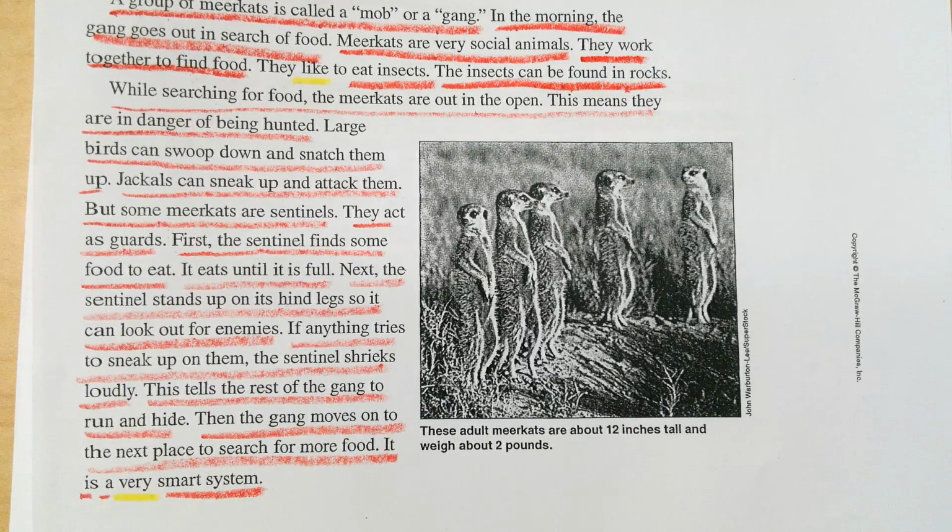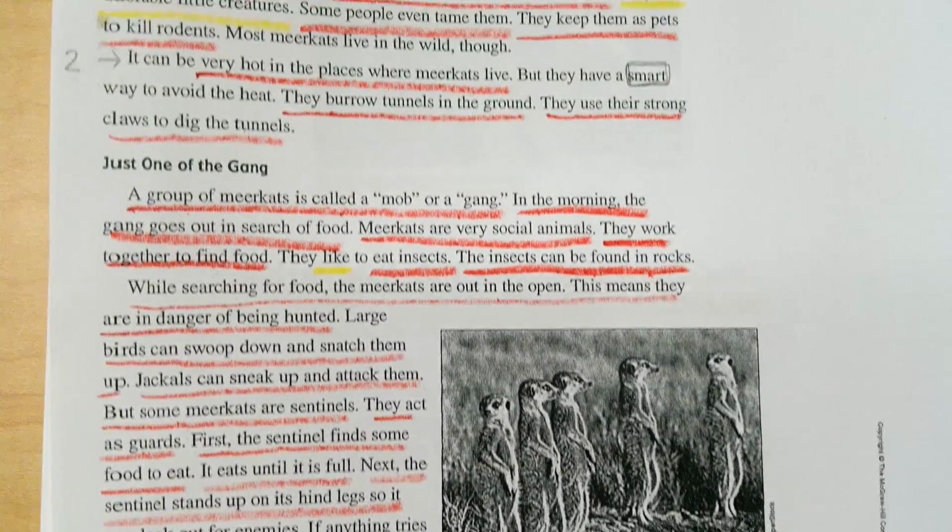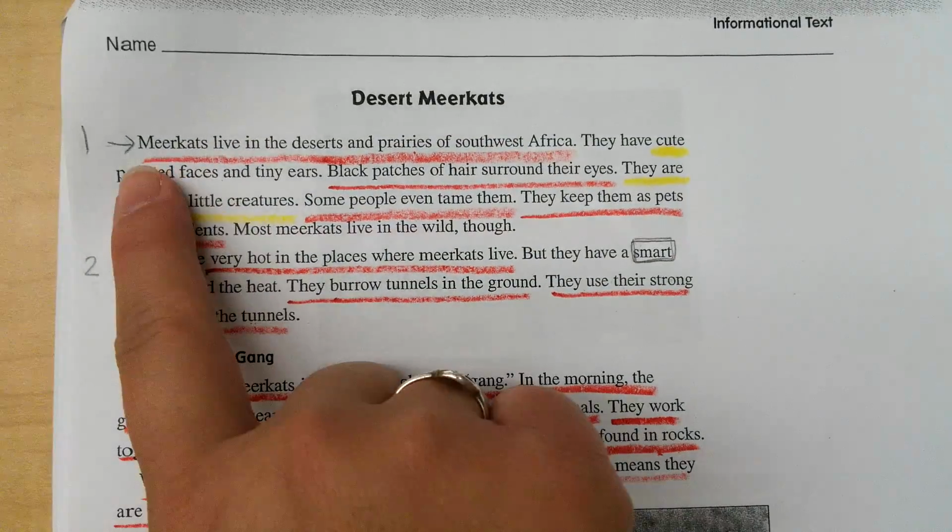So what tells you that this is a persuasive article? What tells you? To answer this question, I think you have to know about the elements of a persuasive article. I know that a persuasive article states the author's opinion on a topic. This author is writing about meerkats.